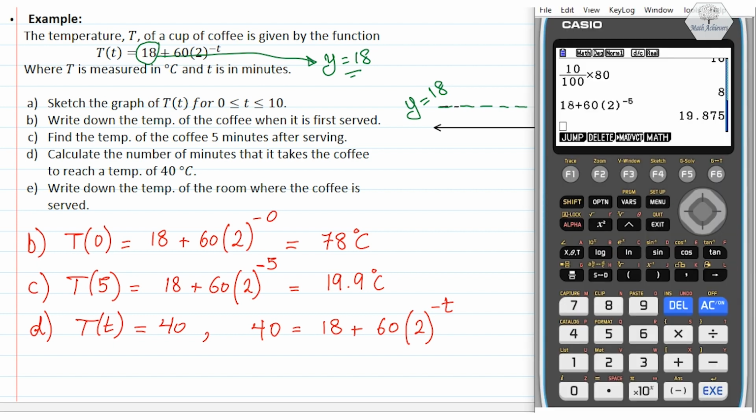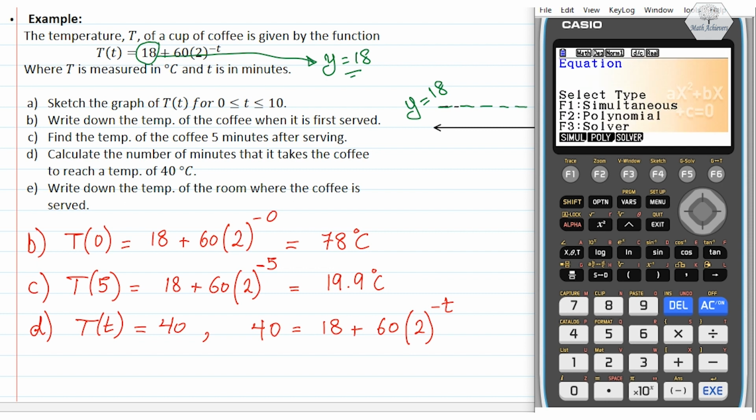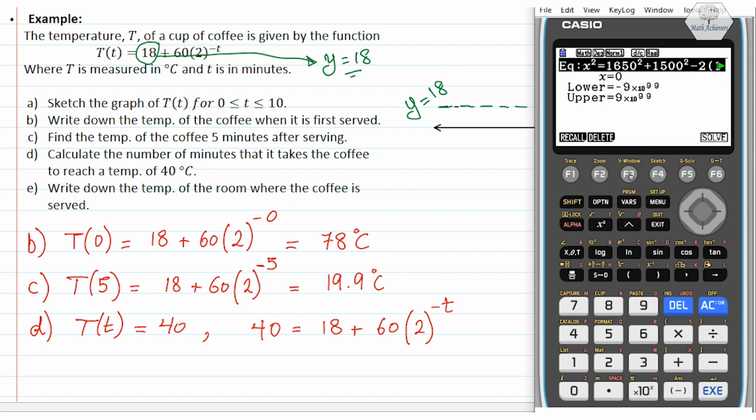So I start my graphical display calculator, go to menu, press equation, and go to F3, which is the solver. Let's just delete the previous work. I have 40 is equal to 18 plus 60 times 2 to the power of negative x.